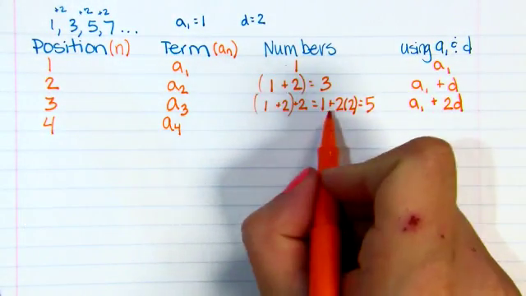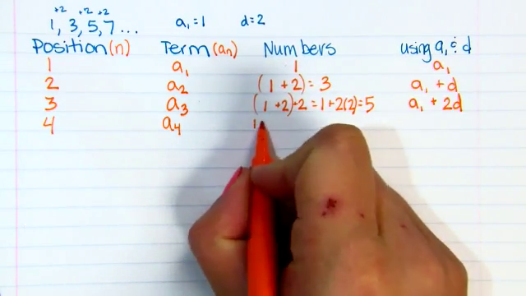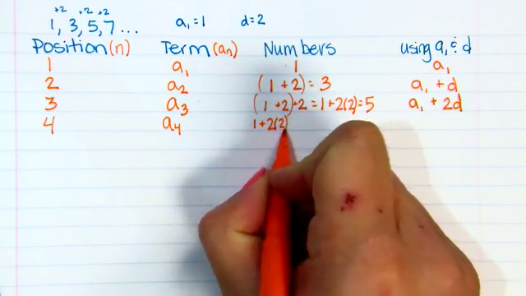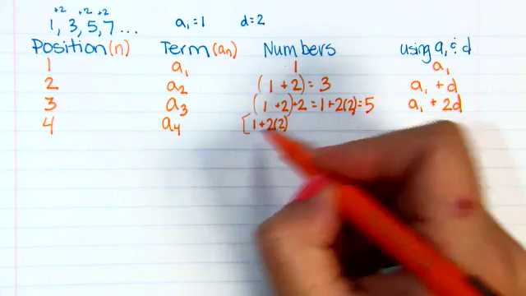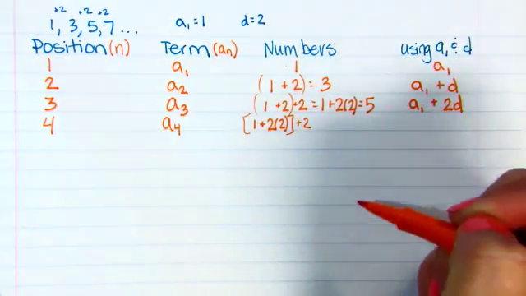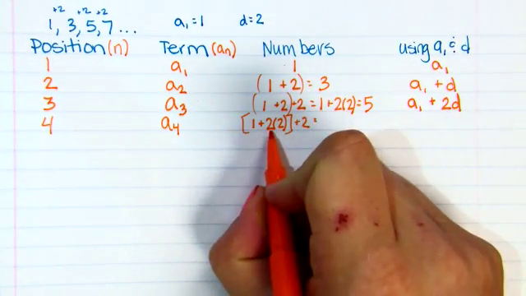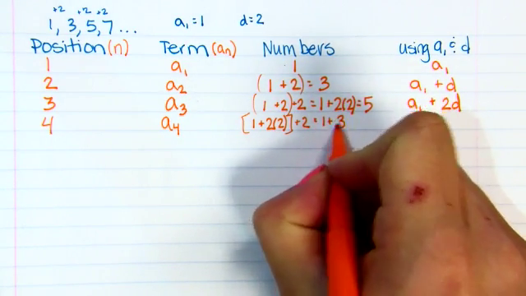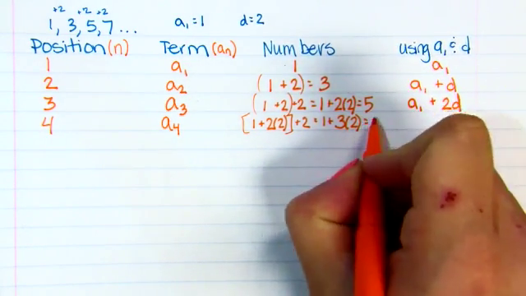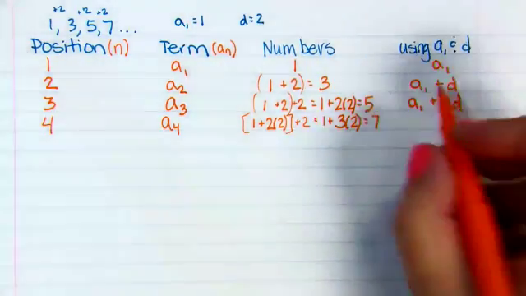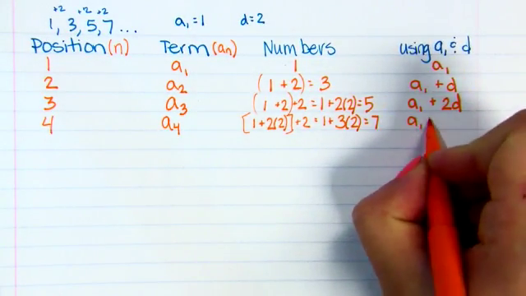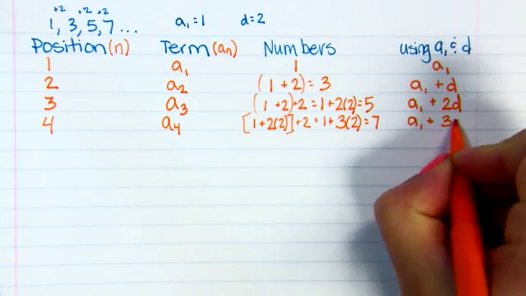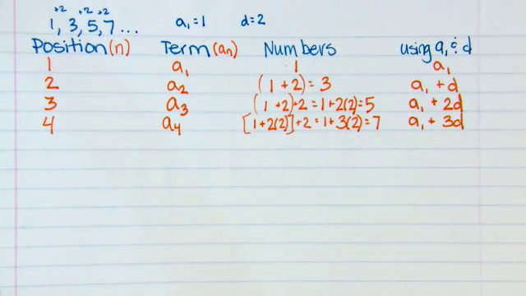Using numbers, I'm taking the term before, which is 1 plus 2 times 2, and I'm adding 2 more to that. Or you can see I have 2 times 2, and another 2 would be 3 times 2, and I'm getting 7. Or I'm taking my first term and I'm adding my common difference 3 times.